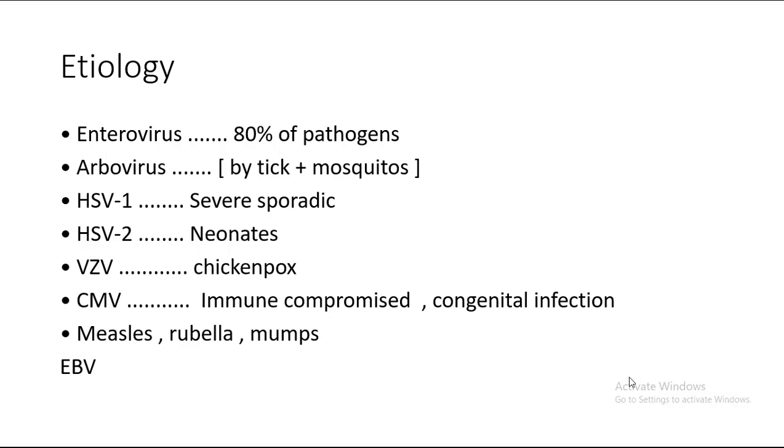The etiological pathogens commonly are enteroviruses. Enteroviruses account for 80% of the pathogens causing meningoencephalitis. Arboviruses, herpes simplex virus causing severe sporadic disease, herpes simplex virus type 2 in neonates, and other viruses.